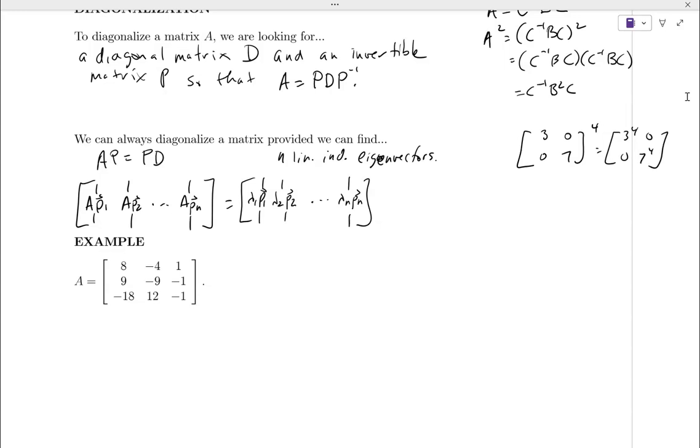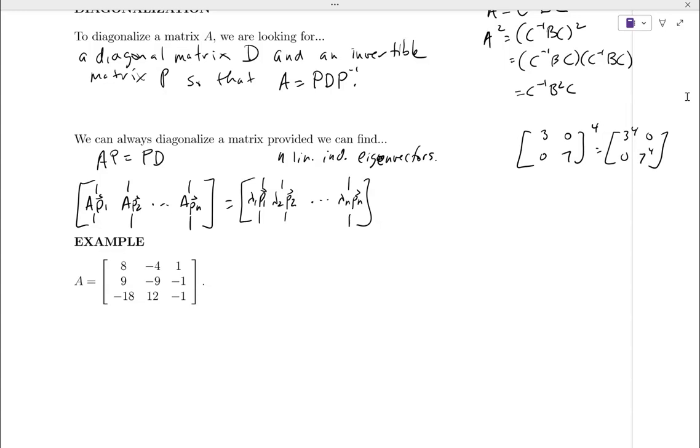On the right-hand side, if I put the diagonal matrix on the right, then that's like multiplying each of the columns by those diagonal entries. If I'm going to have equality, then I see that AP1 needs to be lambda 1 P1, AP2 has to be lambda 2 P2, so on down the line. So what I really want that matrix P to be made up of are eigenvectors, and then the diagonal matrix will be our eigenvalues. Okay?